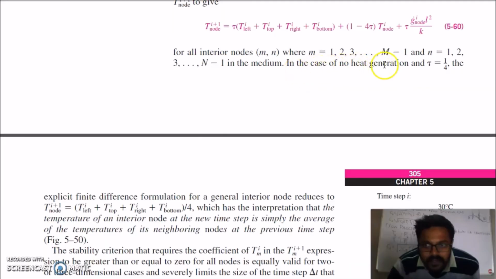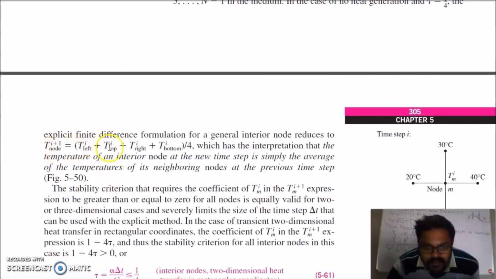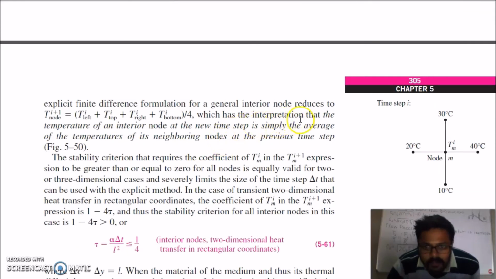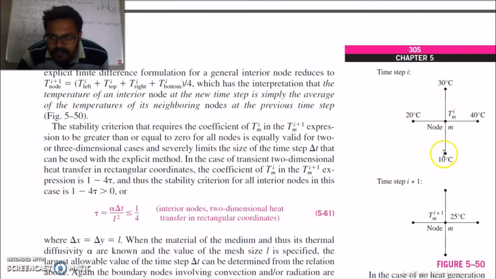In case of no heat generation, this component is 0 and tau is equal to 1 by 4. Then you will get only this with these components. These components will cancel out. So you will be left with this equation, which has the interpretation that the temperature of an interior node at the new time step is simply the average of the temperature of its neighborhood nodes at the previous time step. You can see here, these are the 4 neighborhood nodes whose temperature is defined.